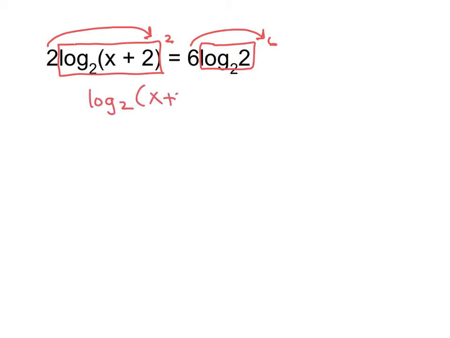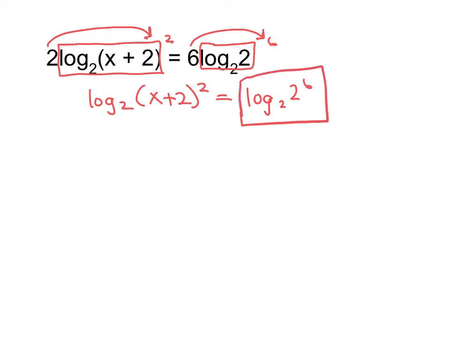It is log of x plus 2, the quantity squared, is equal to log of 2 to the 6th. Now, in taking a look at this, we have all numbers here. And anytime we have all numbers, we can evaluate this.